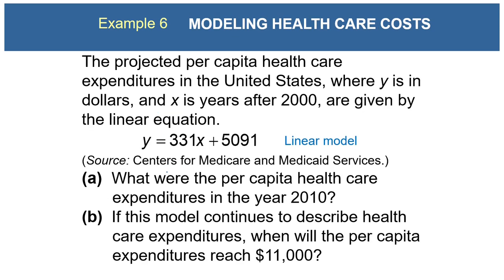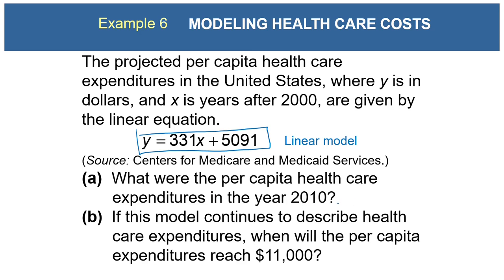Example 6. The projected per capita healthcare expenditures in the United States, where Y is in dollars and X is years after 2000, are given by the linear equation Y equals 331X plus 5091. Part A. What were the per capita healthcare expenditures in the year 2010?